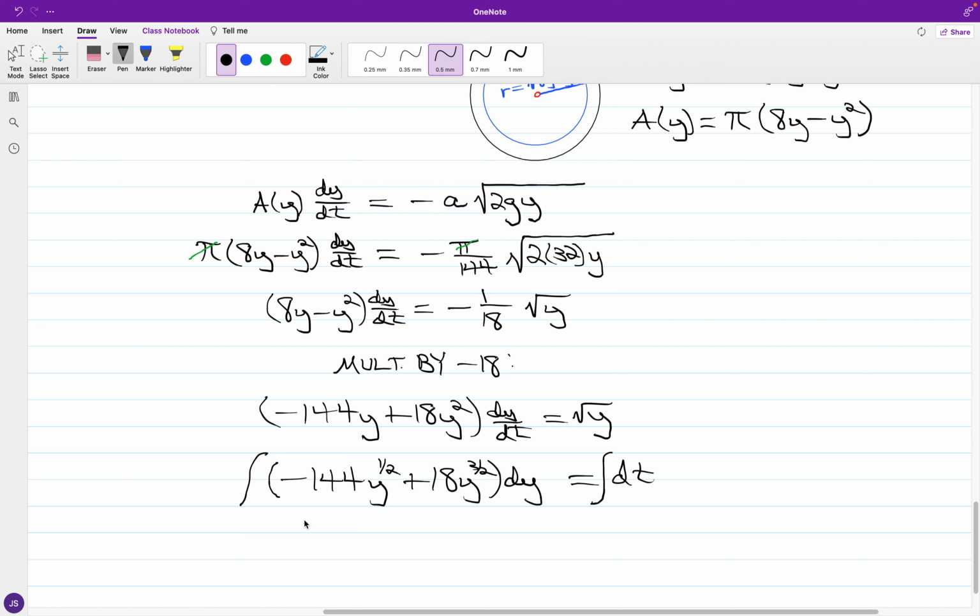For the antiderivative terms, we're going to have negative 96, that is 2/3 of negative 144, times y to the 3/2, and 2/5 of 18, we'll just leave this as a decimal, so 7.2 times y to the 5/2 is equal to t plus c.